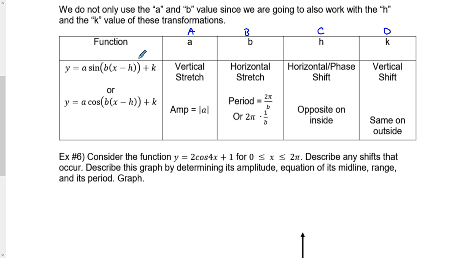Again, make sure that I adjust this down, but that's just a cosmetic thing. But when we do our graphing, we're also going to be talking about a horizontal or a phase shift and a vertical shift or translations.